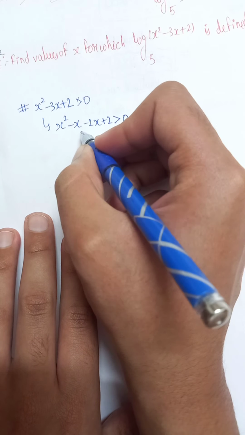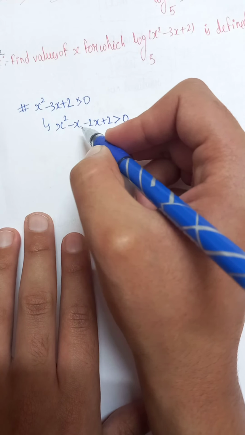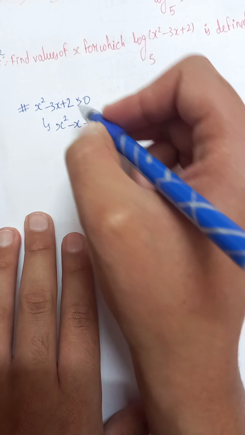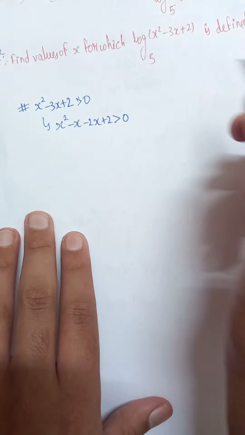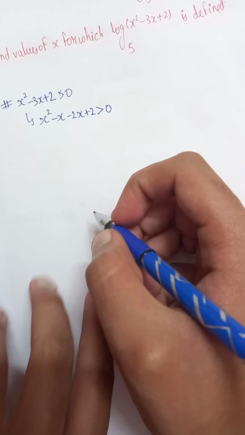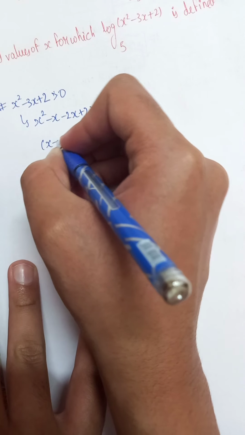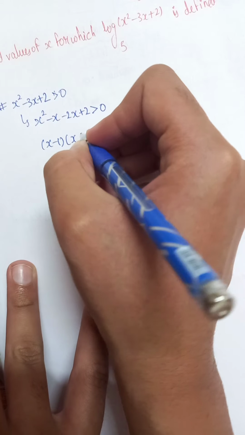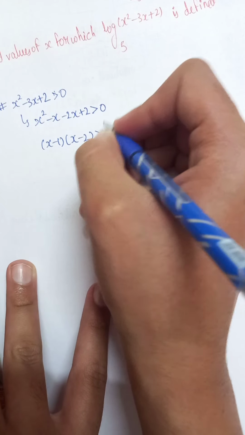If you add these both terms you get minus 3x, and if you multiply, minus into minus becomes plus, you get 2x square. That is the same case if you multiply the constant with the x square term. So you can write it as x minus 1 into x minus 2 is greater than 0.